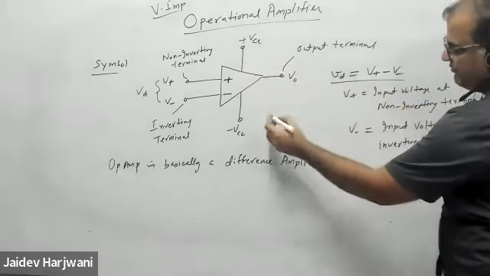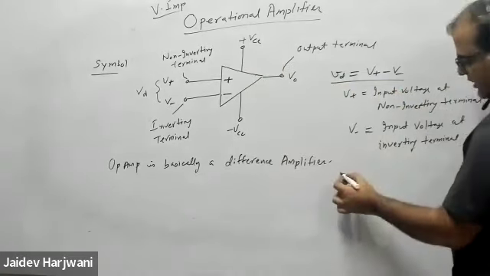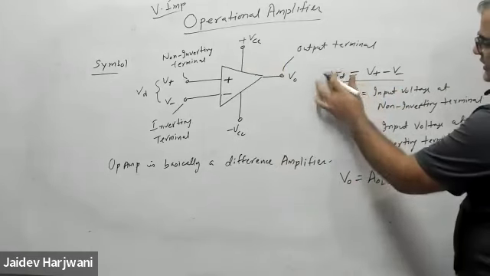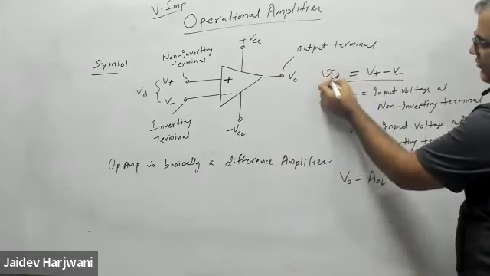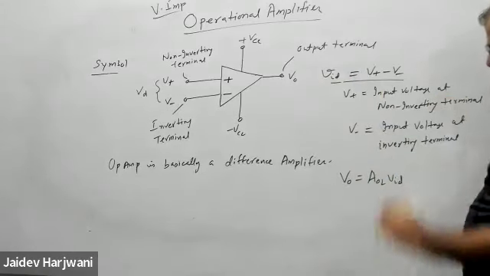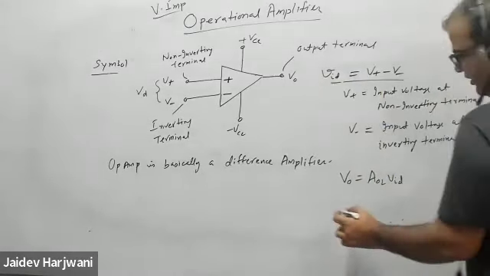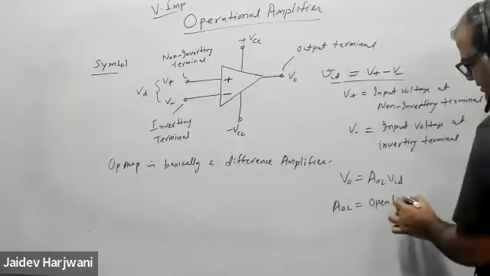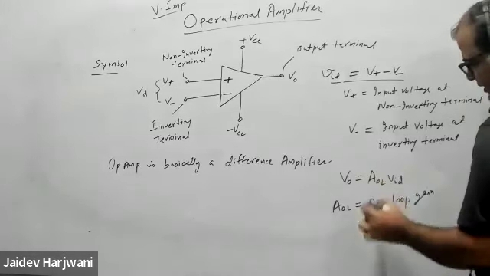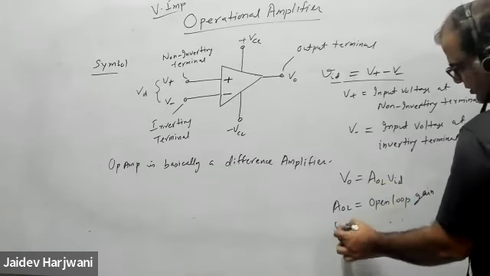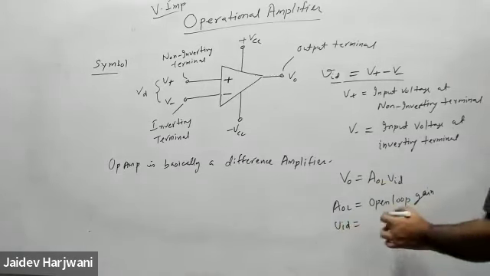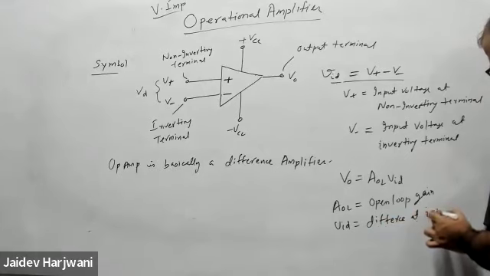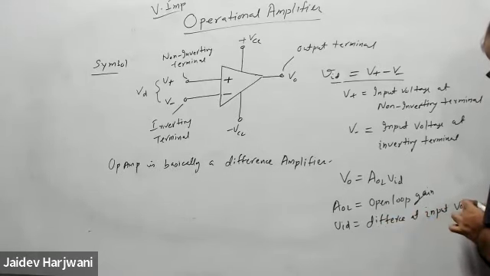So whenever you apply a difference at the input, you will get an output which will be gain multiplied by VID, the input difference, where AOL is the open loop gain, and VID is the difference of input voltage.